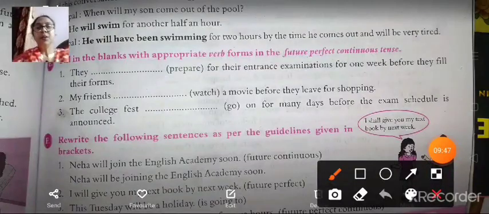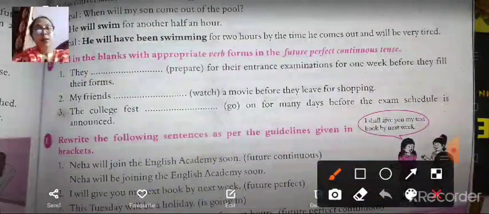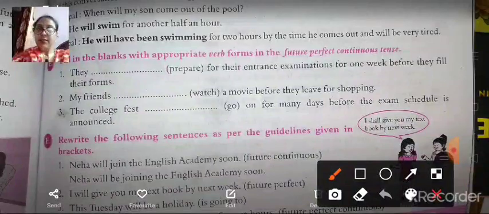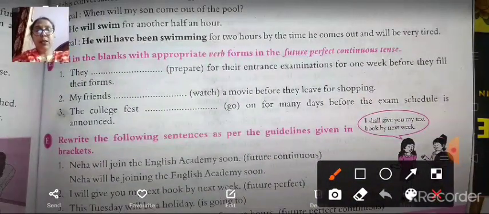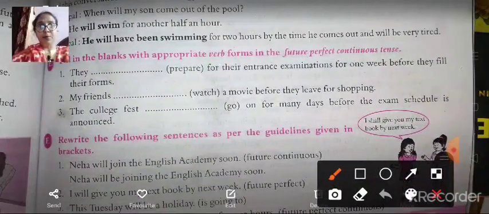Now after learning the future perfect tense and future perfect continuous tense, we are able to solve some exercises. Now this is your exercise number C, which you can find on page number 111 in your Mastering Grammar book.